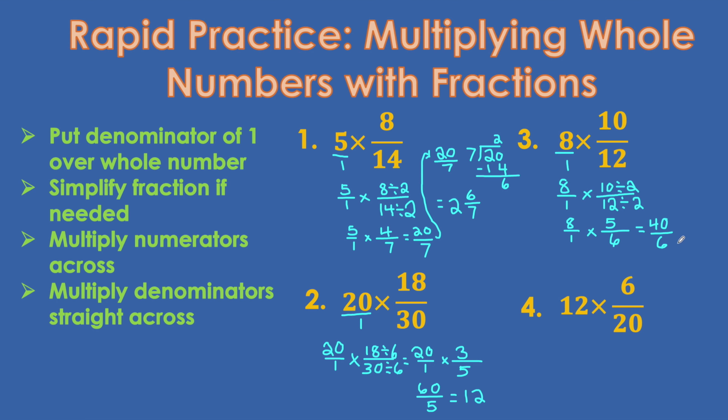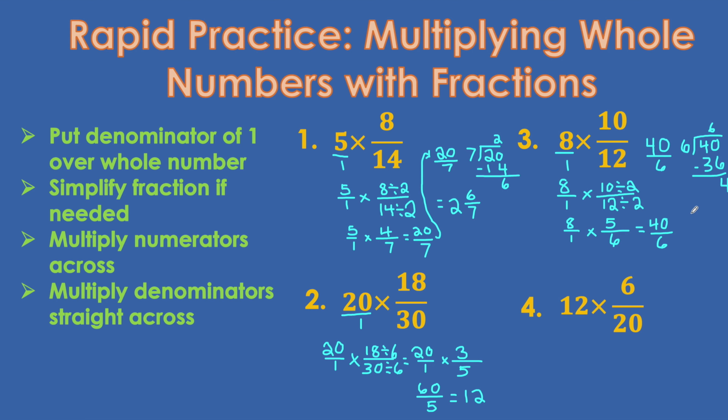It's an improper fraction, so we want to change it into a mixed number. Let's write over here again, 40 over 6. Do a long division problem. 40 divided by 6. 6 goes into 40 6 times. 40 minus 36, we get a remainder of 4.